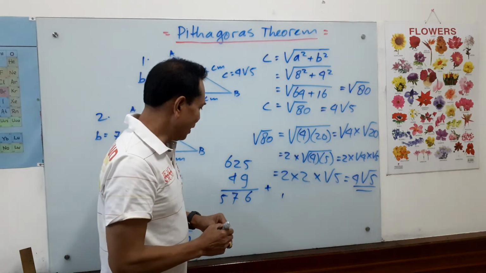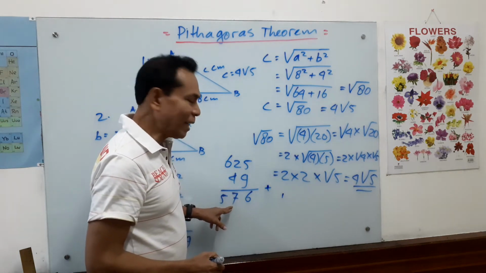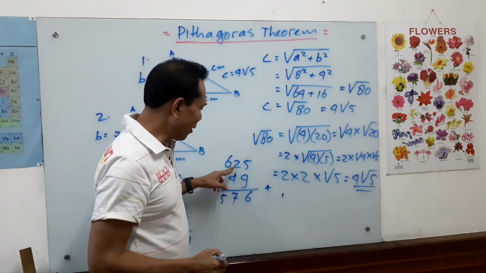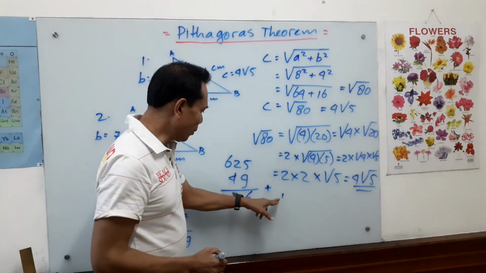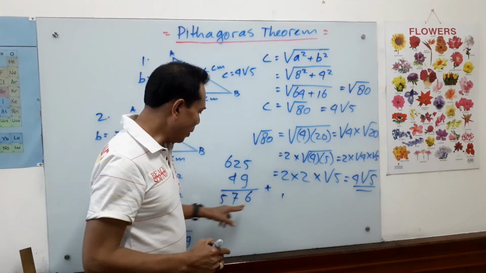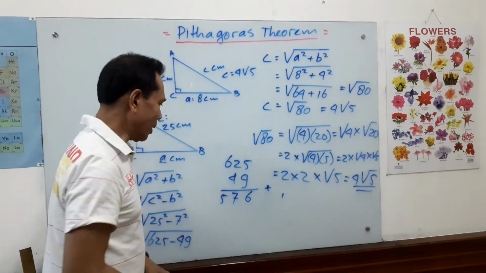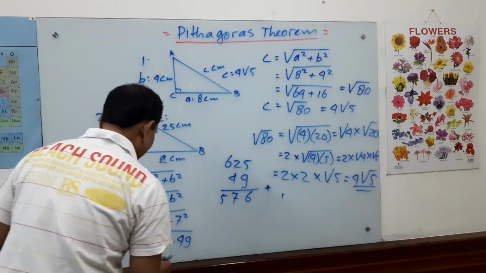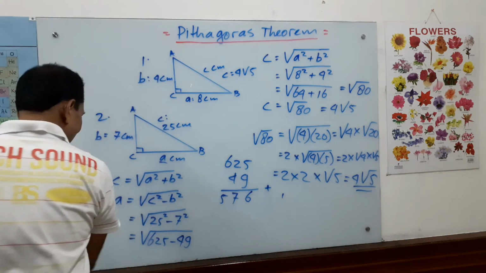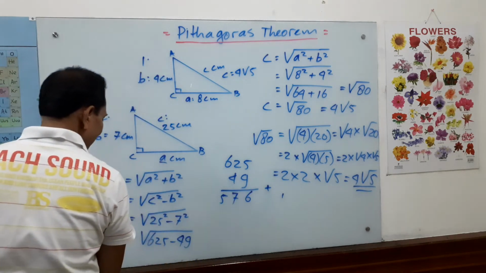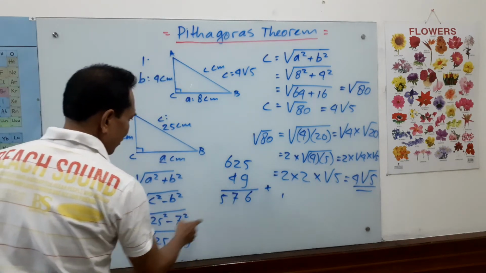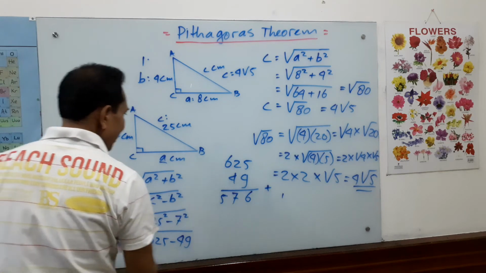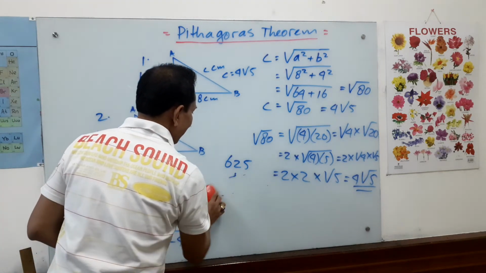Then 1 plus 7 is 8, 8 plus 4 is 12, we write 2 and put 1 there. Then 1 plus 5 is 6, so your answer is correct. Remember that, 576.